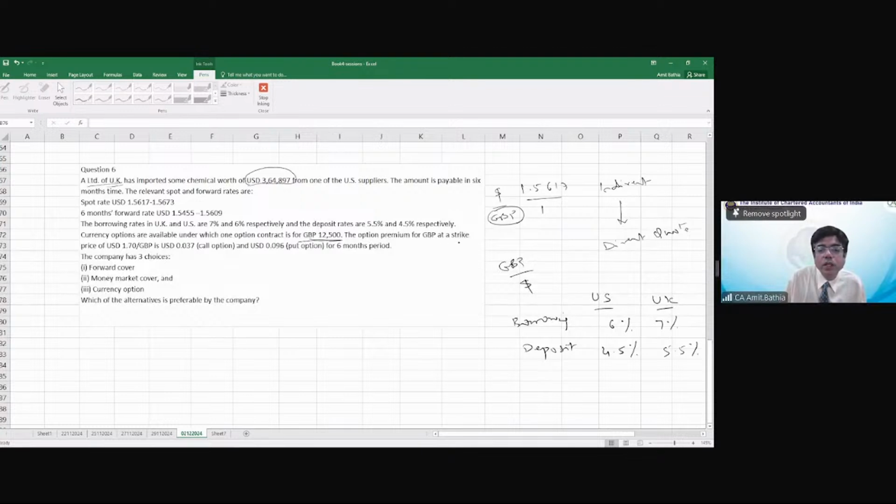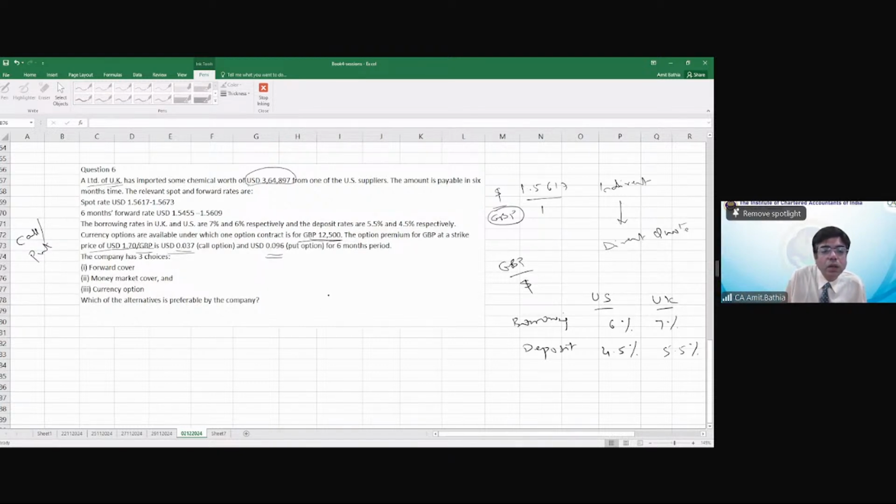The option premium for GBP at a strike price of USD 1.70 per GBP is USD 0.037. So this is the premium. For call option and put option, I have a premium of 0.096. So here you have to make a decision whether you actually need a call or a put option.